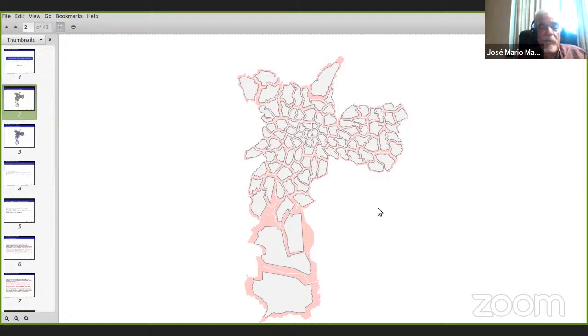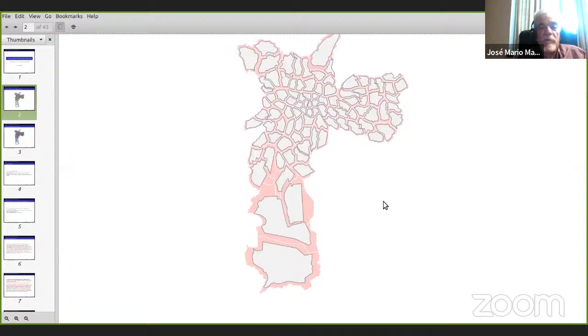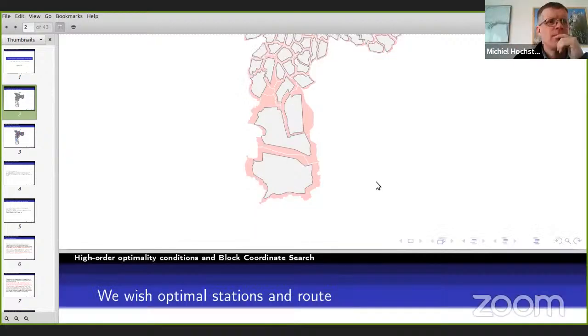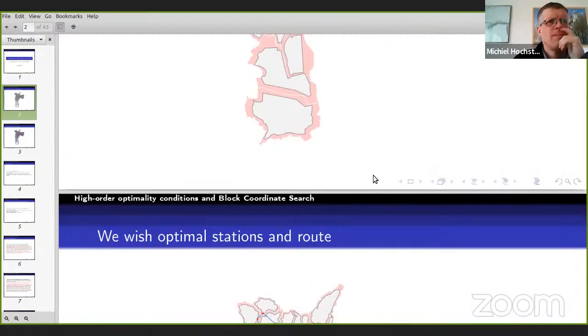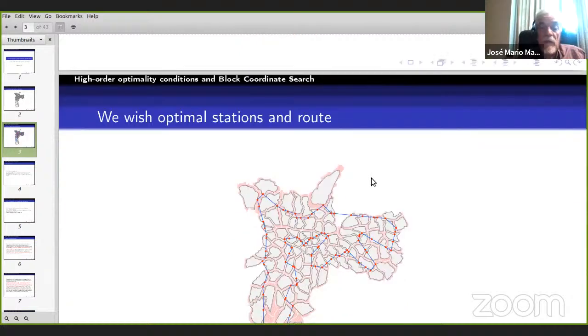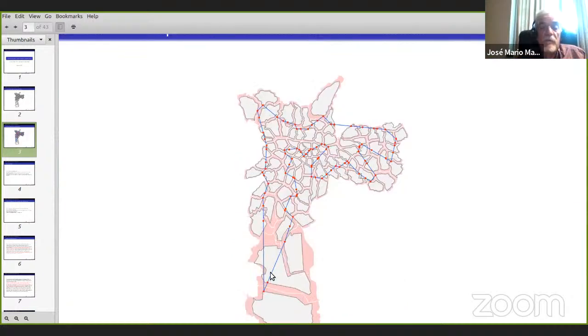The motivating problem that I am going to present consists of finding a trajectory, a route in the city of São Paulo that connects all the neighborhoods in such a way that the length of the trajectory is minimal, but where we don't know the station in each of the neighborhoods that connect the different points of the trajectory.